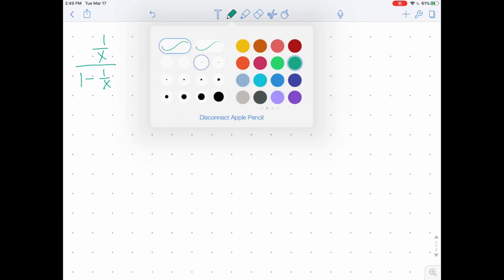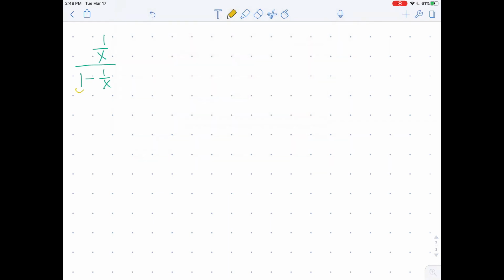What we are going to do is take this 1 and we want it to have the same denominator as this x over here so that we can write it as one fraction. Well, if I want the bottom to be x, so 1 equals something over x, the top has to be x, because x over x equals 1.